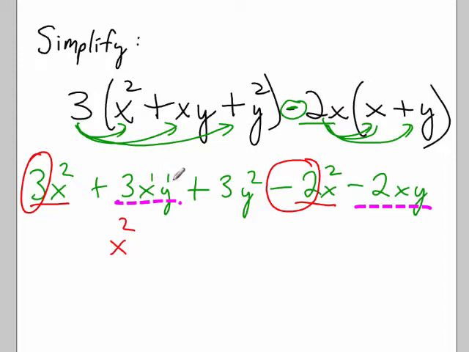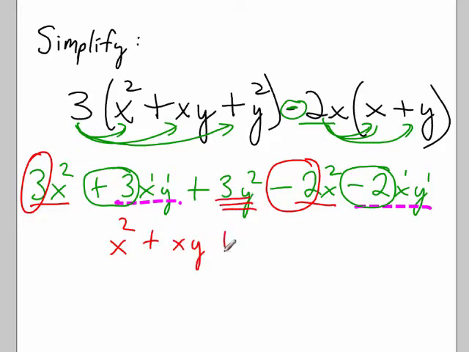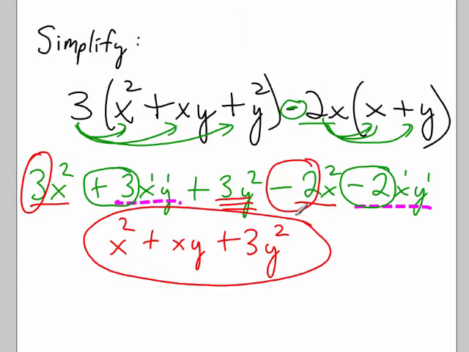I have x to the 1, y to the 1, x to the 1, y to the 1. So I can collect them. 3 minus 2 would be one of those, so positive 1 xy. And the 3y squared is on its own. There's no other like terms to combine with that, so I add 3y squared, and there is my simplified answer.